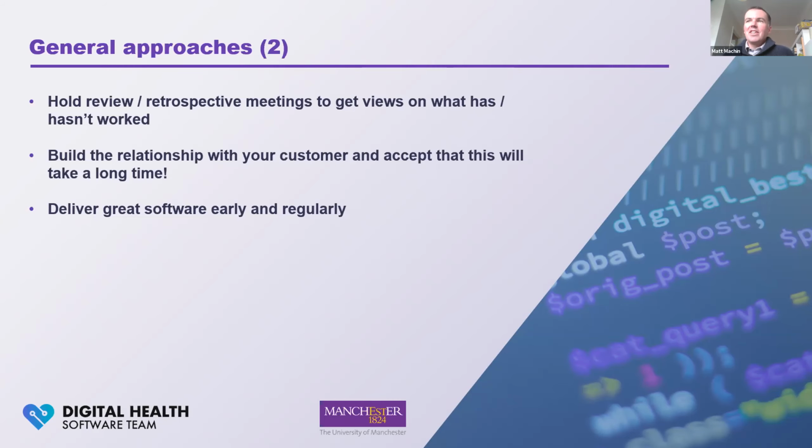So it takes time to build a relationship and to build that trust and to try and understand each other's perspectives. But it's well worth investing the time into doing that, because it can reap rewards in terms of successful projects. And again, then coming back to the point I've made a few times already, which is to deliver great software early and regularly. So they get to see what you're doing, it builds the trust, and they can also give feedback and help to steer where to go in future.